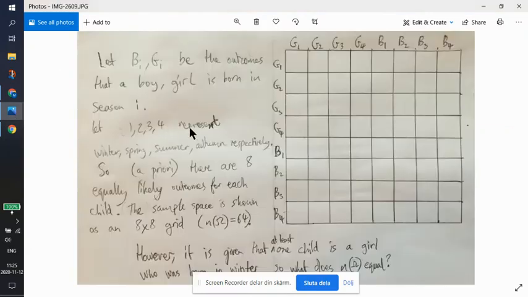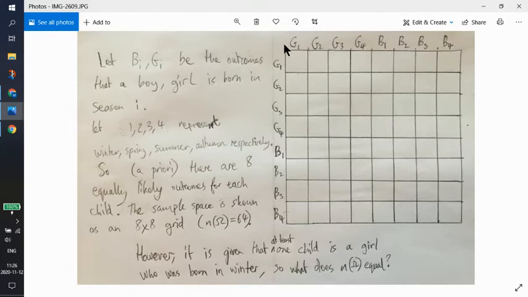So here I'm letting B subscript i and G subscript i be the outcomes that a boy or girl is born in season i. I'm basically using G1 for a girl born in winter, G2 for a girl born in spring, G3 a girl born in summer, G4 a girl born in autumn, and then the same for the boys, B1, B2, B3, B4.